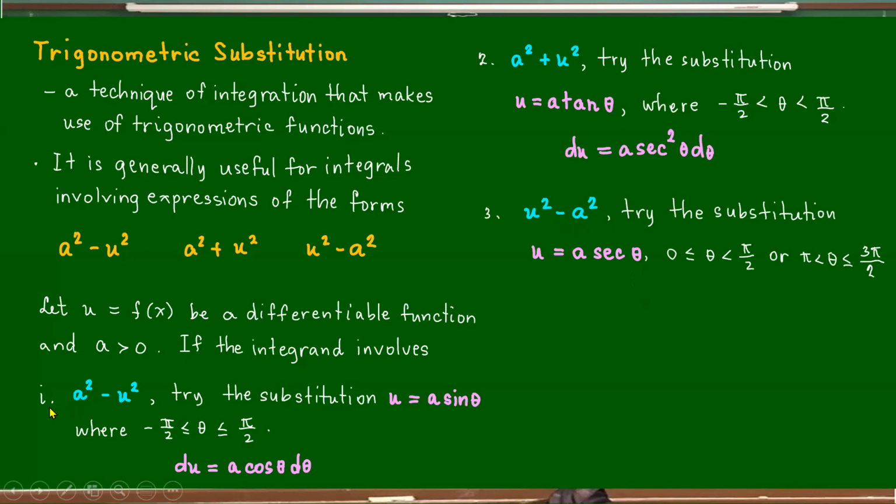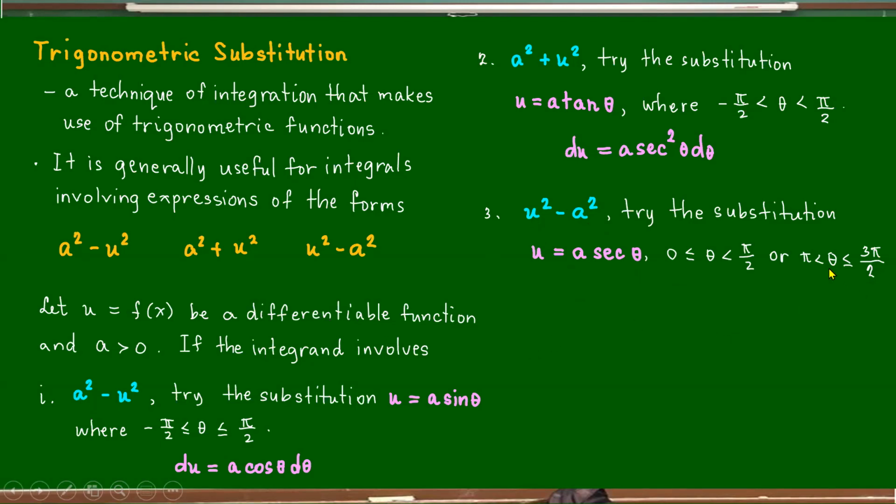See the difference between the first one and the second one: the first one starts with constant squared followed by u squared, and this third one is function squared minus a squared. For u equals a secant theta, theta is from 0 to less than pi over 2, or greater than pi to less than 3 pi over 2.